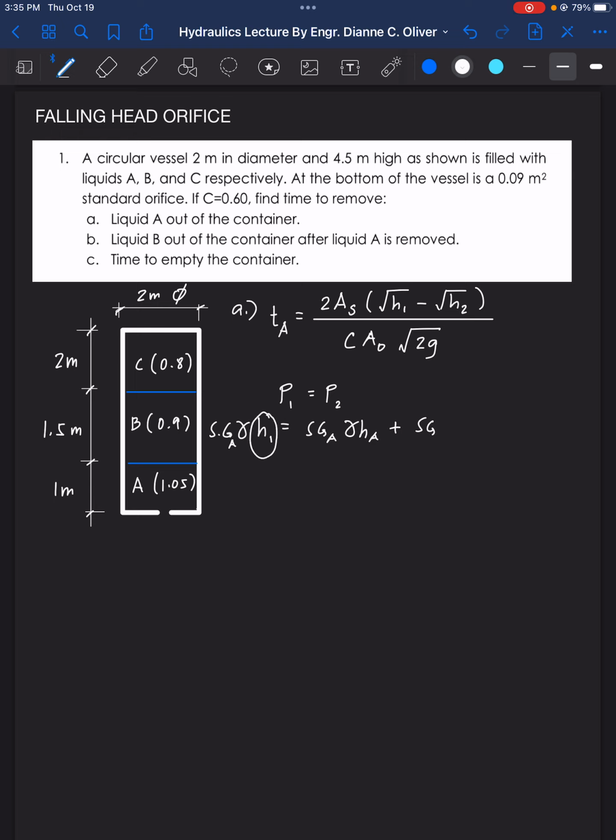We will be looking for the H1 of liquid A. Our gamma here is the gamma of water, so we cancel all gamma of water out.